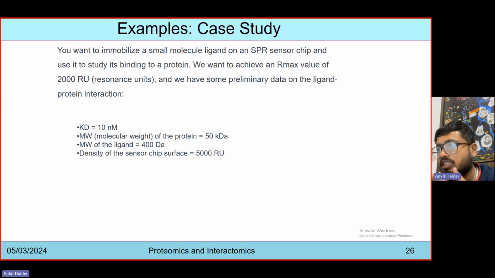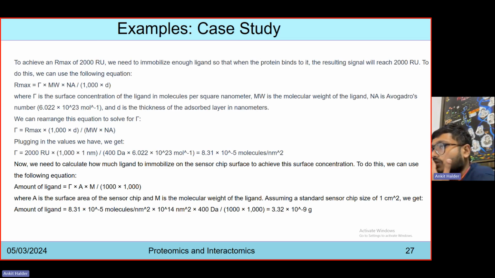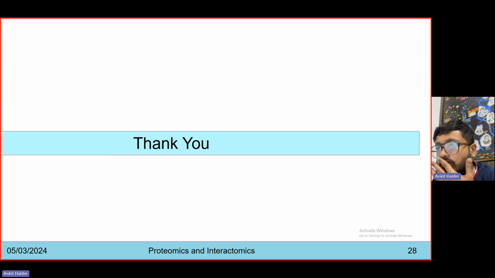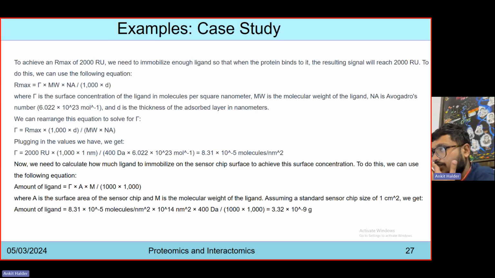So this is the formula for how we will do that: the response Rmax and the molecular weight, times NA, where NA is Avogadro's number, and the thickness of the adsorbed layer, and finally you can get the value of the ligand that you need to immobilize on that kind of sensor chip. So these are some of the examples.